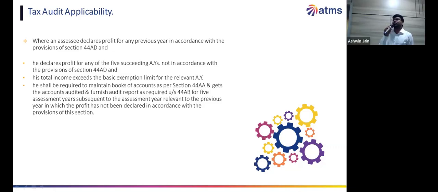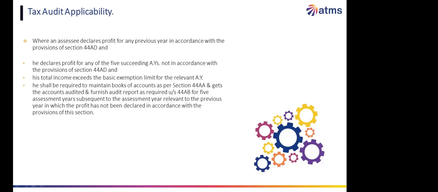So again, from a technical point of view, in section 44AD, there is a change from AY 17-18. The change is that if you opt for 44AD in 1 year, you have to stay in that route for 5 years.